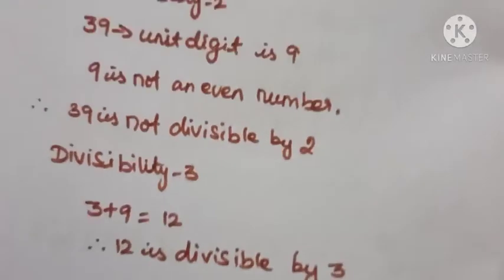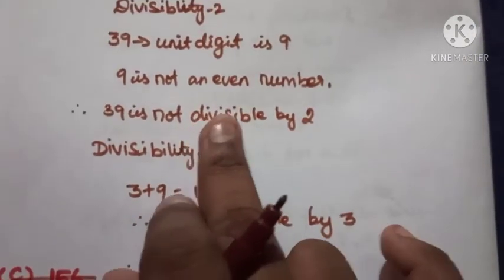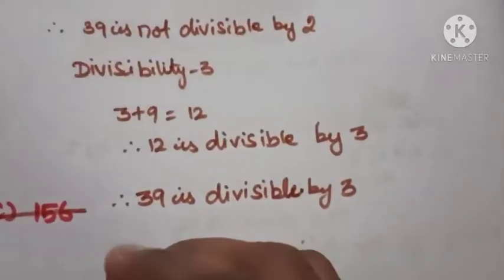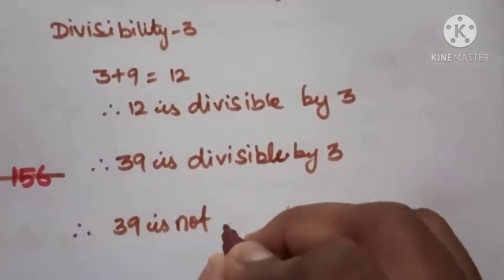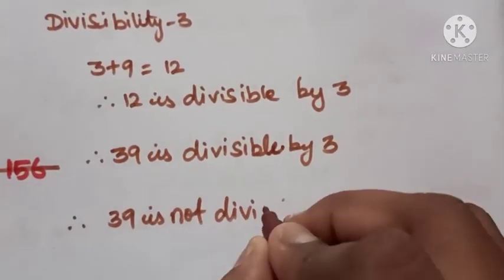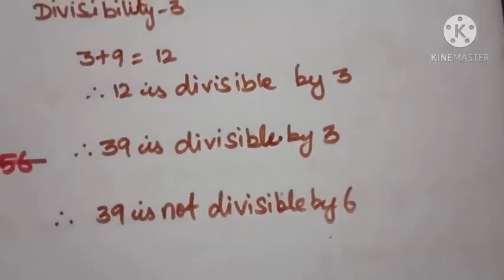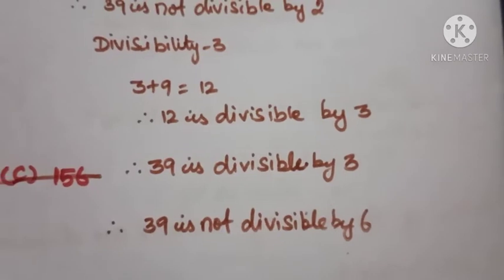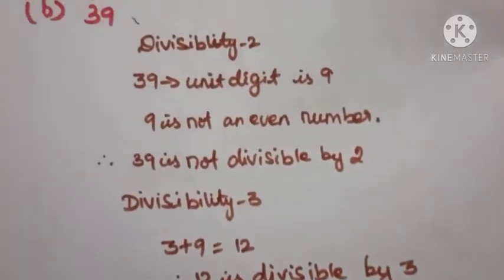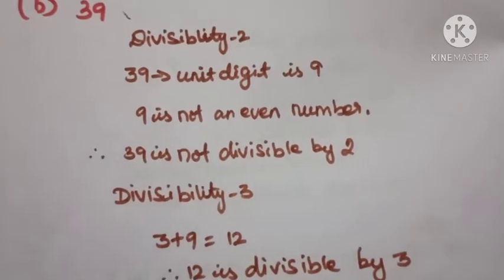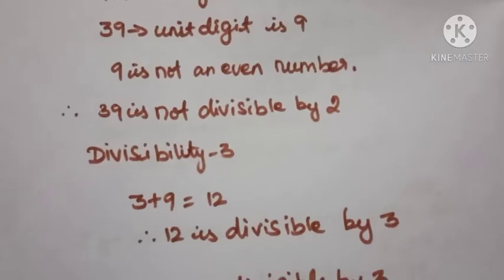Here you can see it satisfies divisibility rule 3 and does not satisfy divisibility rule 2. Therefore 39 is not divisible by 6. So 39 is divisible by 3 and not divisible by 6, so 39 is not divisible by both 3 and 6. Remaining questions C and D, you do as your homework.